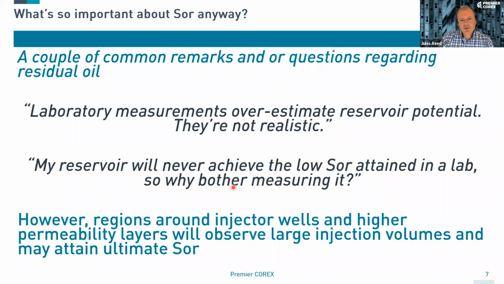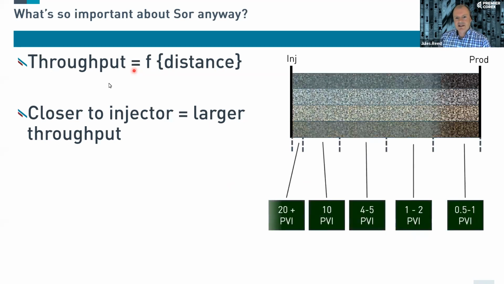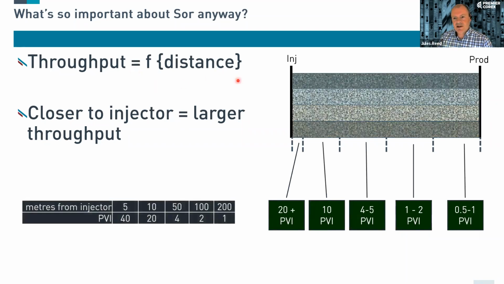However, there will be some regions of the reservoir, certain compartments, certain layers, that will observe significant volumes of injection. And I've got a little cartoon here to show that: throughput is a function of distance from the injector.